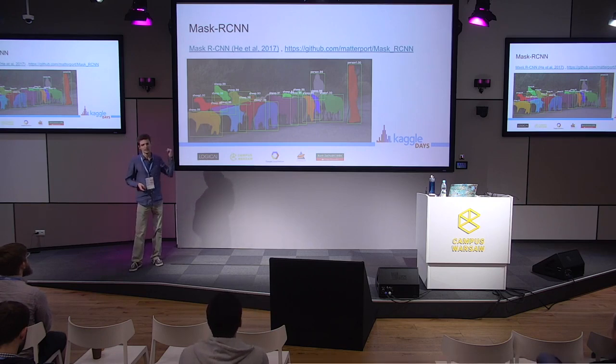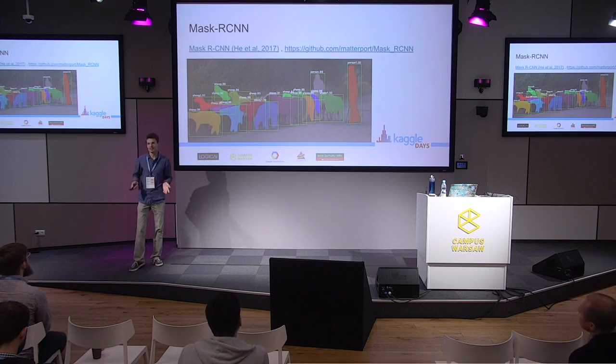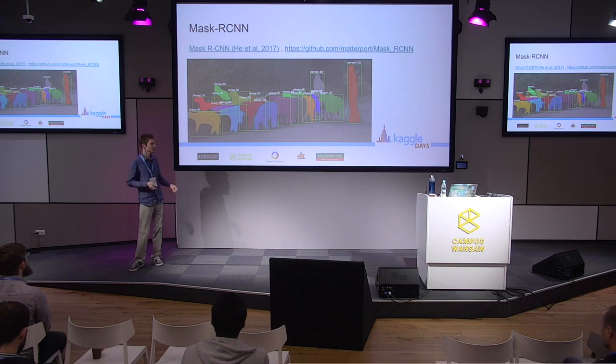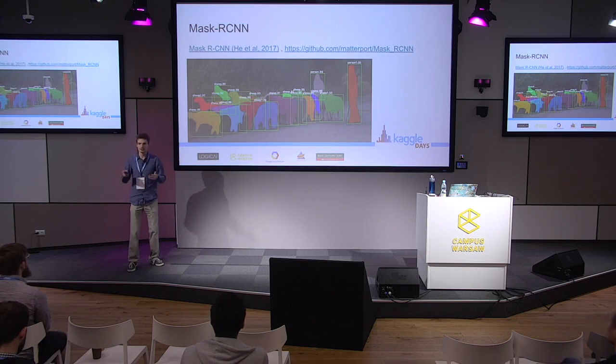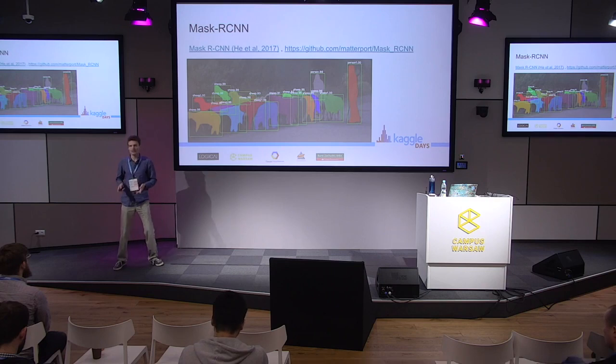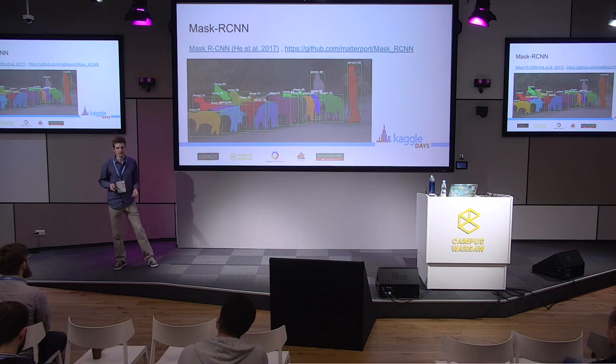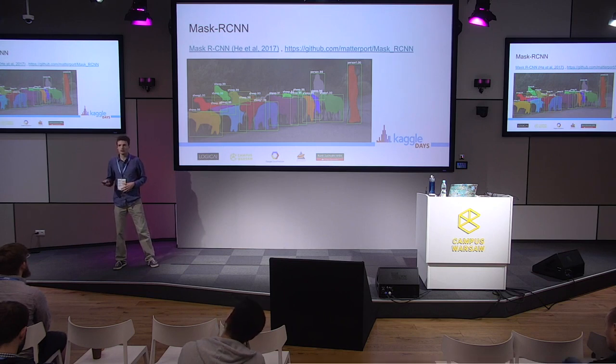Okay, so another thing is that if you want to do instance segmentation, another approach is to use just Mask RCNN, which is a ready-made network that natively supports instance segmentation, because it first predicts the bounding boxes and then does semantic segmentation inside each bounding box. This works great, and it has a nice Keras and TensorFlow implementation, but the problem is that if you need to hack this model, it can be much harder because the implementation is much more complicated than UNet.